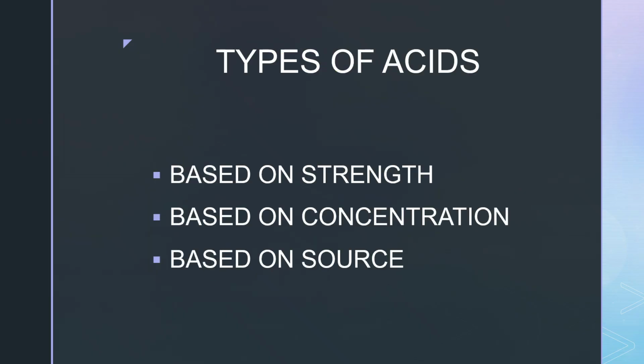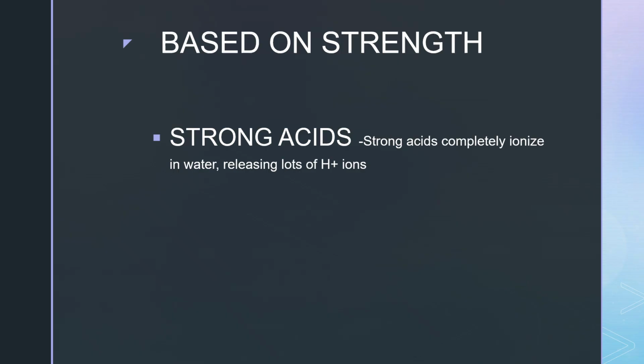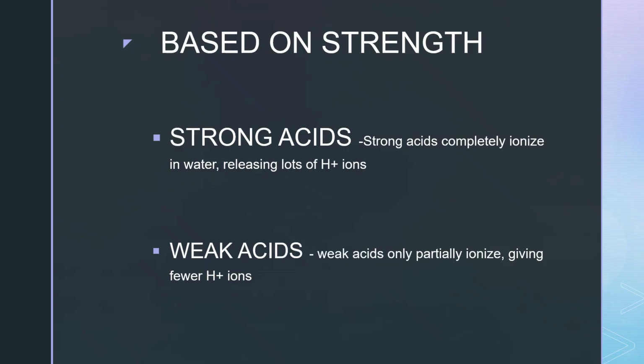Types of acids. There are three types of acid based on strength, concentration and source. First we will go for based on strength. Based on strength, we have two types of acids, strong acids and weak acids. Strong acids are the substances which completely ionize.